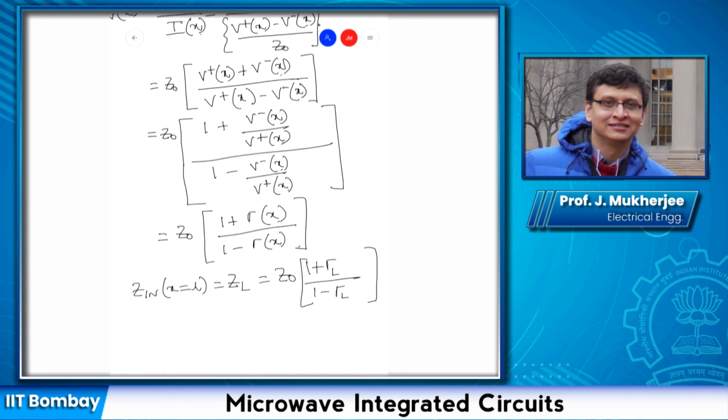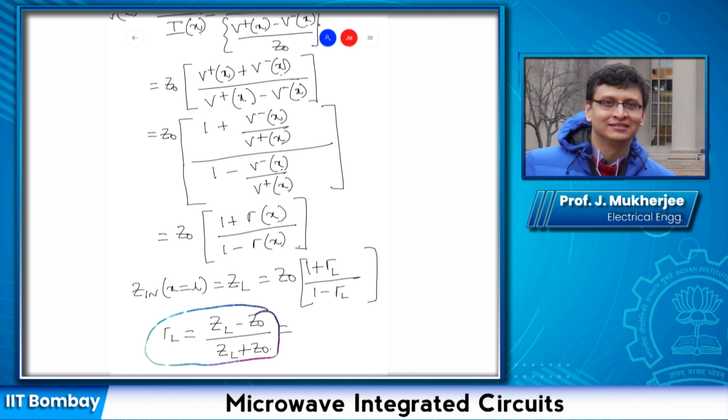So from this expression I can find a value for gamma L, which is equal to ZL minus Z0 over ZL plus Z0. So this is an expression for the reflection coefficient at the load end.